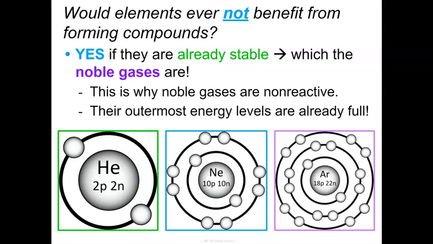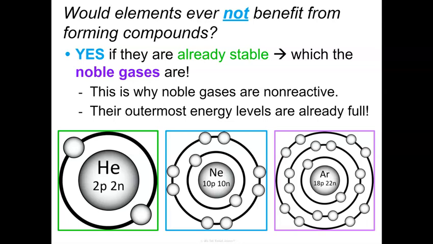So would elements ever not benefit from forming compounds? Yep. We just talked about them. They are the noble gases. We also know that because they're already stable, they're pretty unreactive.